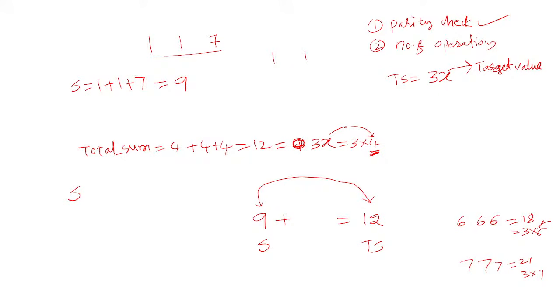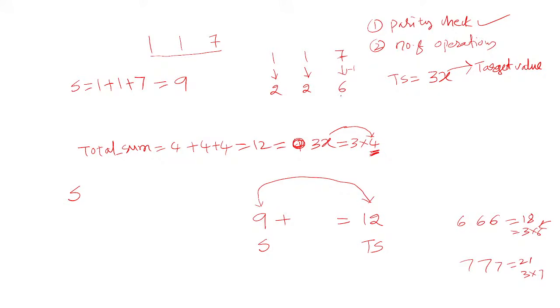For example, 117 here. What you are doing is incrementing these two numbers by 1. Then you are decrementing this by 1, and it becomes a 6 here.